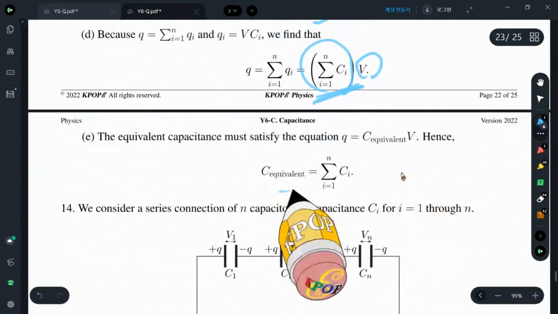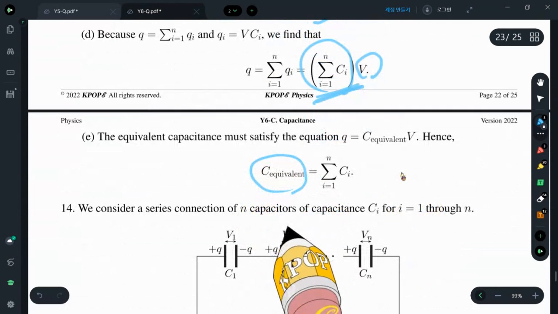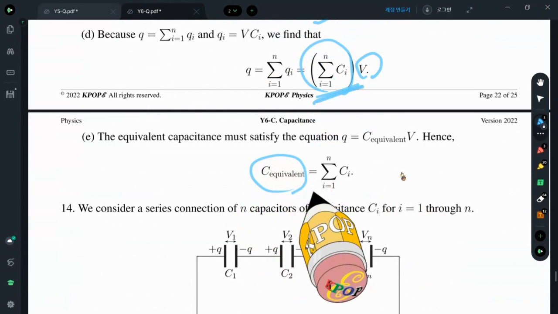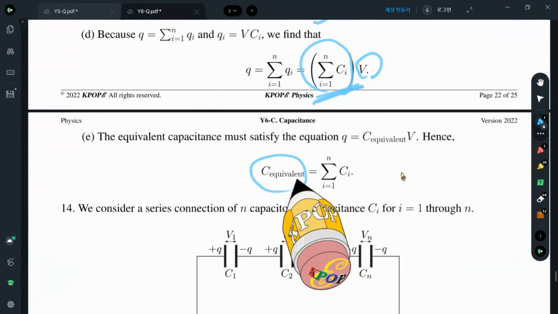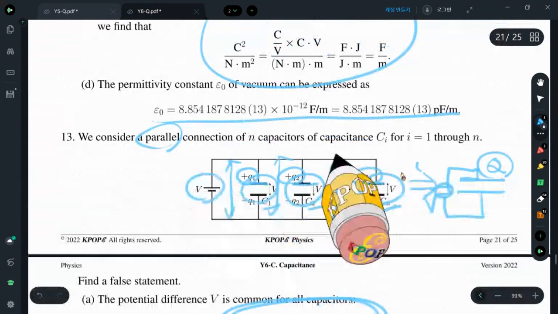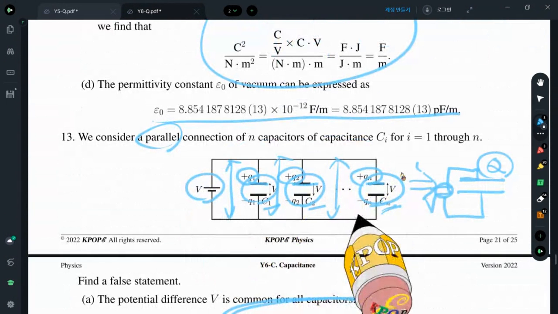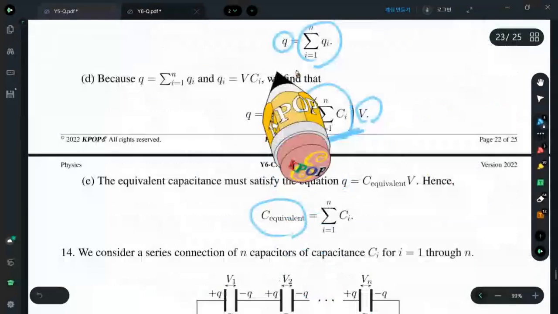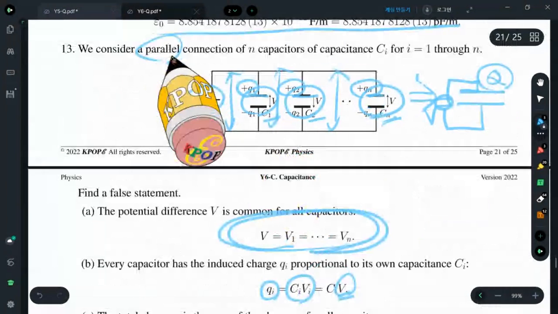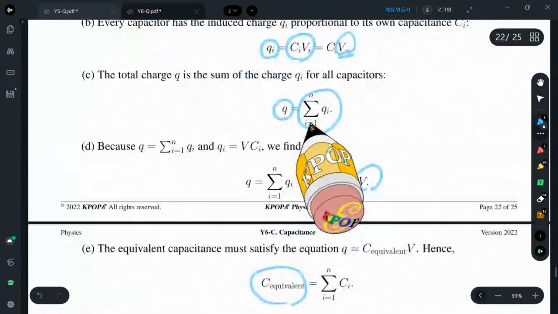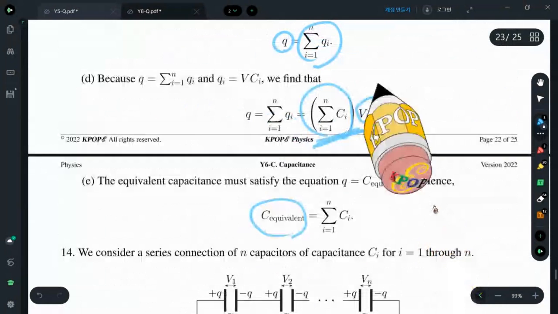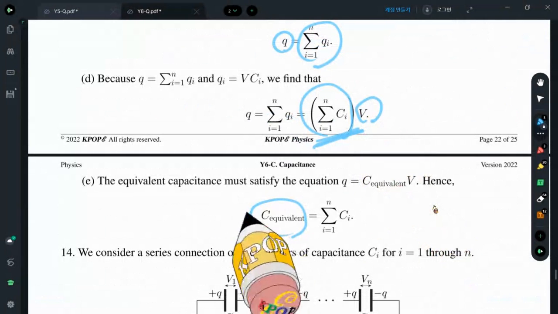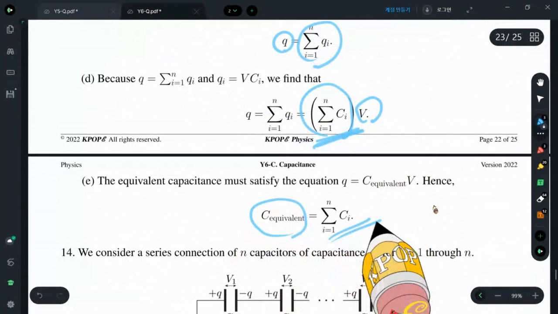As a result, the capacitance of the equivalent capacitor for a series of n capacitors connected in parallel: V is constant and C is the sum of everything.